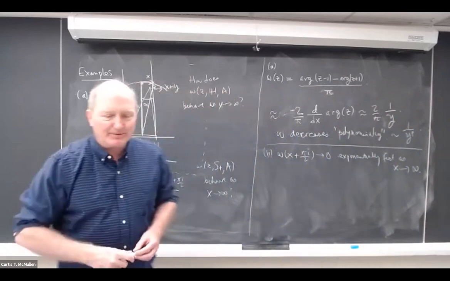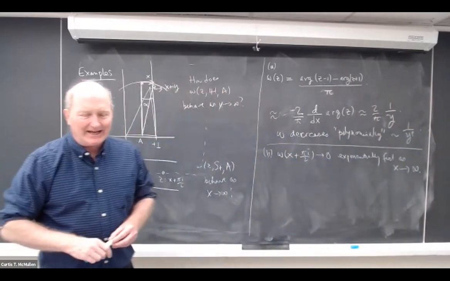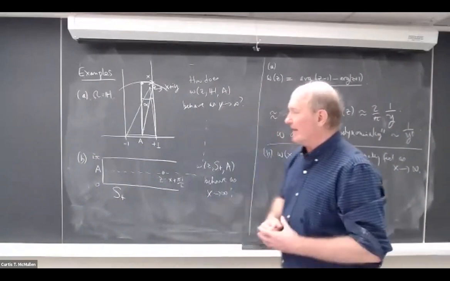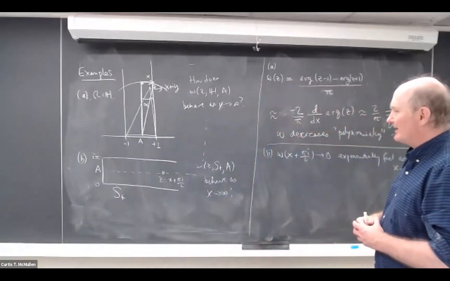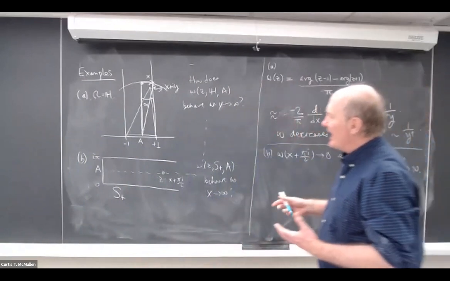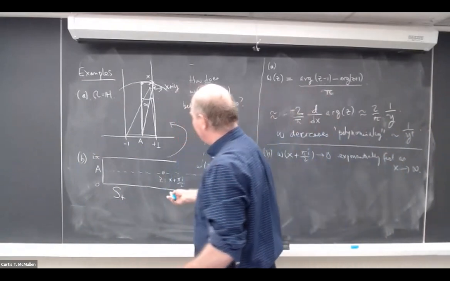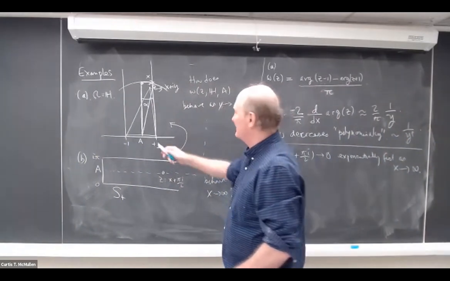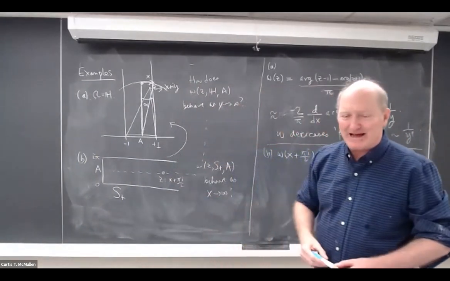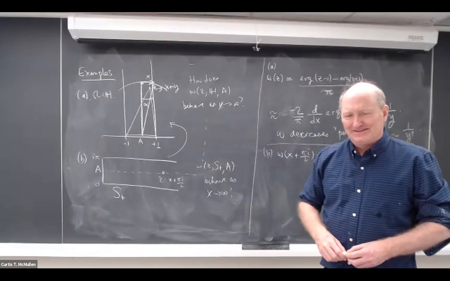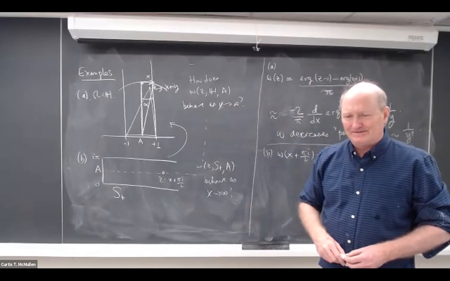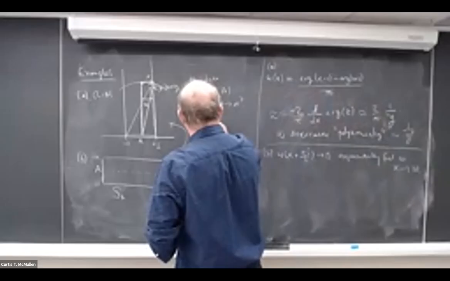Now, one way to prove this would just be to calculate what the harmonic measure is. We can do that because we happen to know a beautiful conformal map that sends this region exactly to this region. Does anybody remember what that map is? Cosh, maybe? Yeah, exactly. It's cosh.